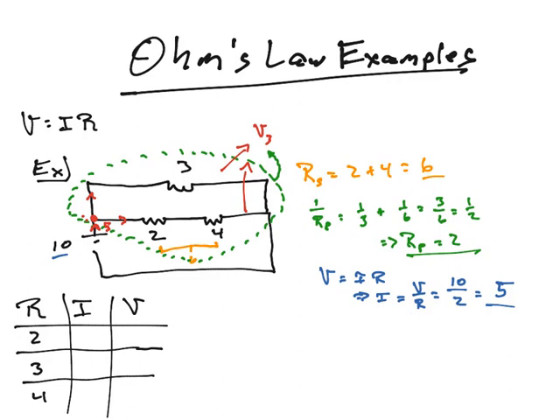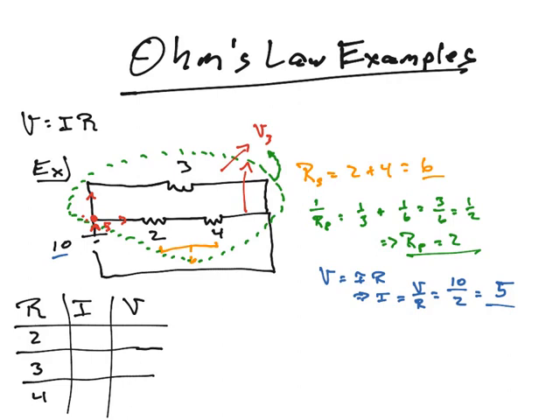I do indeed. I know it two different ways. The first and easiest way to know it is to note that the only thing in this circuit is this parallel set of resistors. Nothing else in the circuit is going to drop any voltage. So that means 10 volts is coming in. It hits this parallel set, and then that's all there is. And one of the rules of circuits is that whatever voltage you start with has to be dropped by the time you get to the end of the circuit.